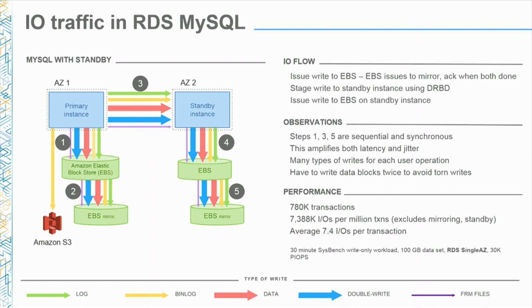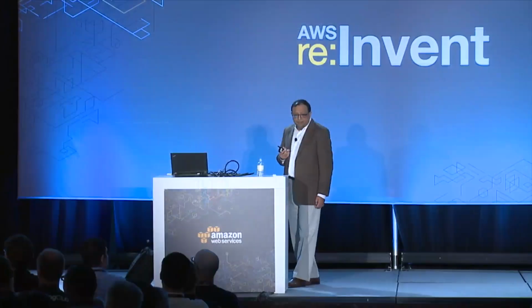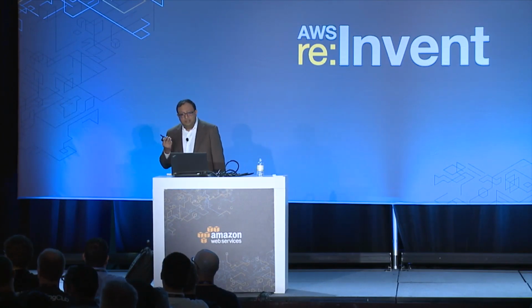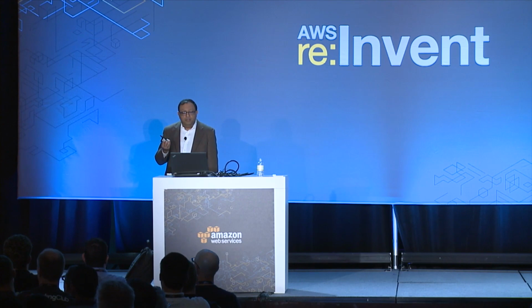That's the technology we use underneath our multi-AZ tech. Then you go to the standby. It has to issue the write, it propagates and comes back, and then that acks back again. And so the interesting thing I'll point out here is that steps 1, 3, and 5 are sequential, and they're synchronous.